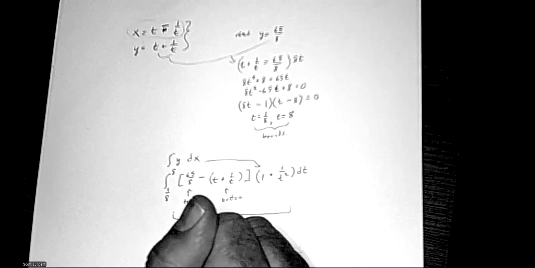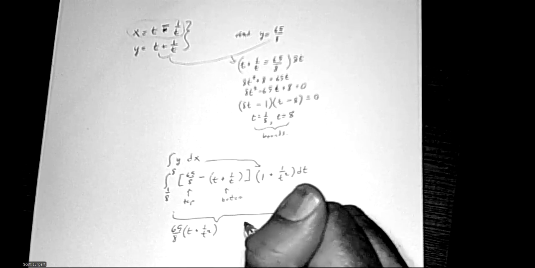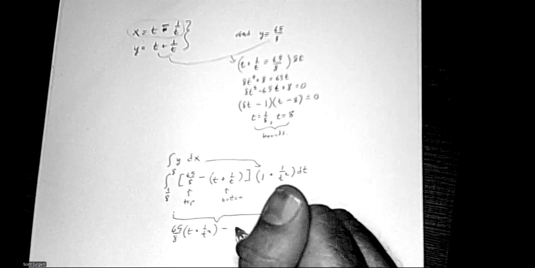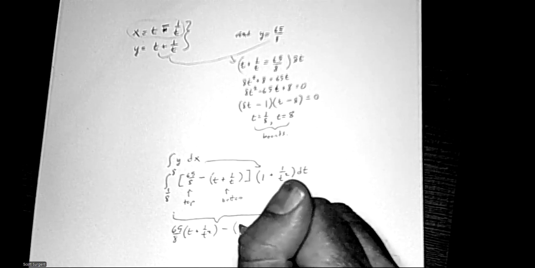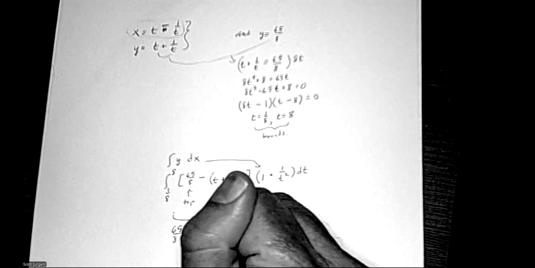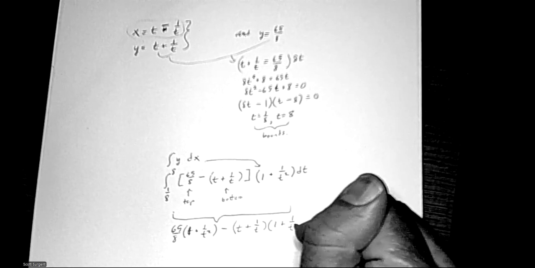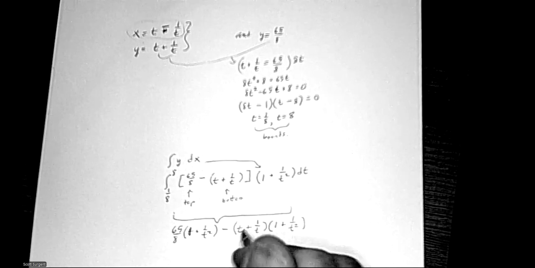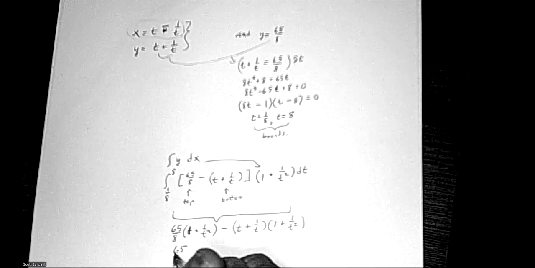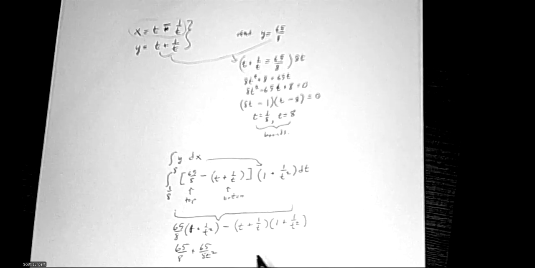It would be 65 eighths t plus 1 over t squared, take away, and then these two guys multiply. Actually, that's a 1, 1, 1. It's my bad. It's a 1 plus 1 over t squared, and 65 eighths plus 65 eighths t squared.